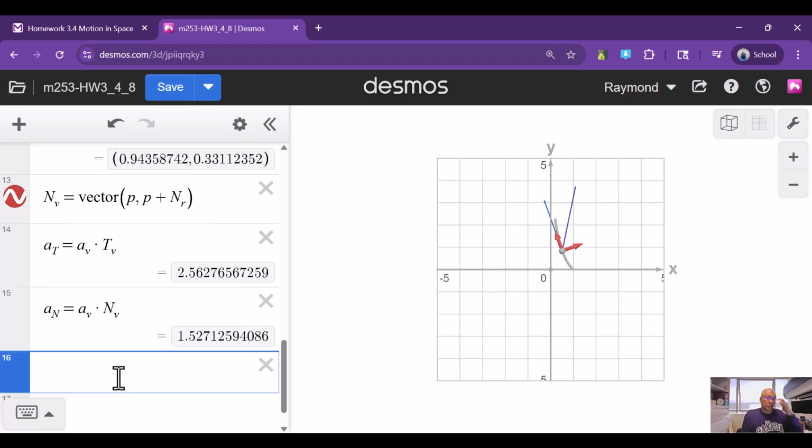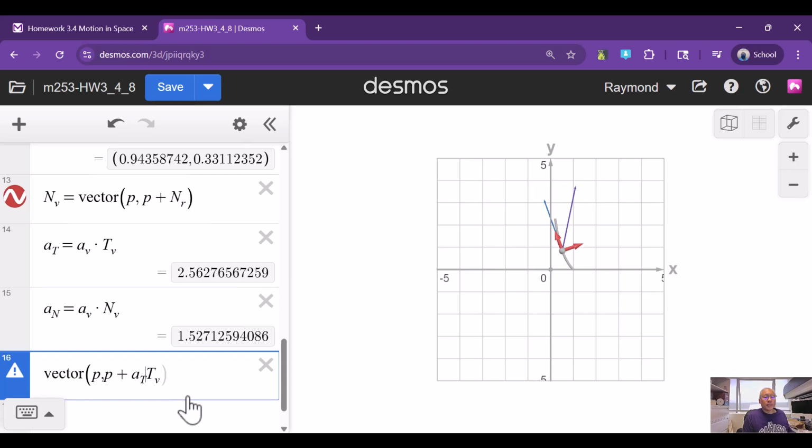So just to show you this, I'm going to draw a vector from the point to the point plus a sub t times the t sub v. I'm sorry, this should be t sub v.